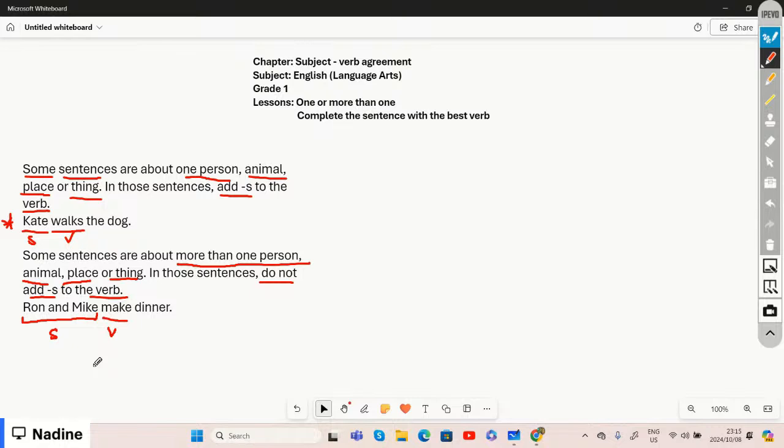But if our sentence makes mention of a plural subject, two or more people that we are talking about, then we basically have to not add any S to our verb. No S. And we're going to make more examples of that while we are still doing this lesson.